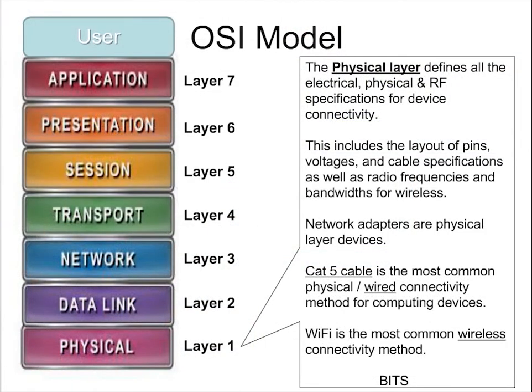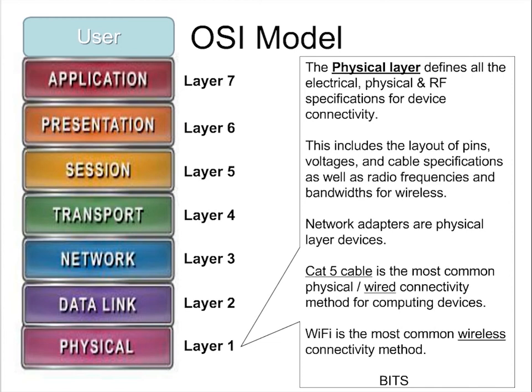Layer 1. So this is the physical layer, and the physical layer of the OSI model defines all of the very specific details on how you're going to actually transport these bits of information. Just bits. It doesn't worry about packets. It's just worrying about getting a 1 or a 0, on or off, from point A to point B. And so it defines electrical specifications, physical things, connector types, radio frequency specifications, all this having to do with device connectivity.